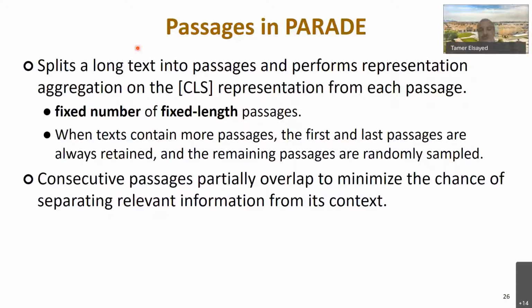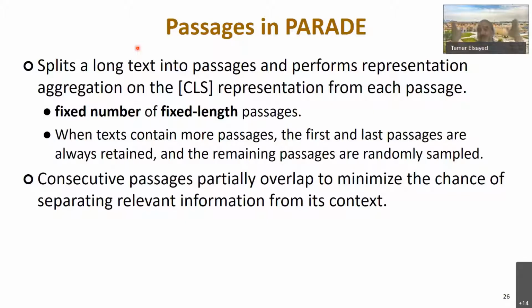Okay, so that's easy. What if the document is longer than 30 passages? What they did is that they retain the first and the last passages, and in between they randomly sample from the remaining passages.